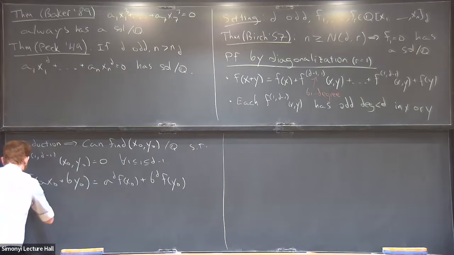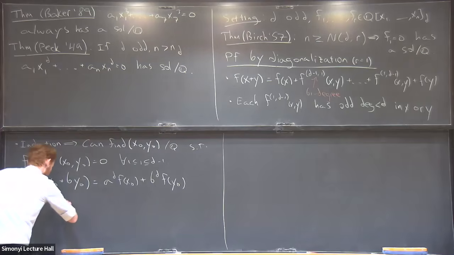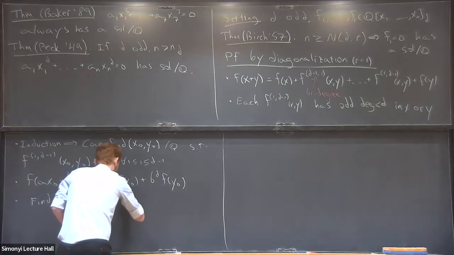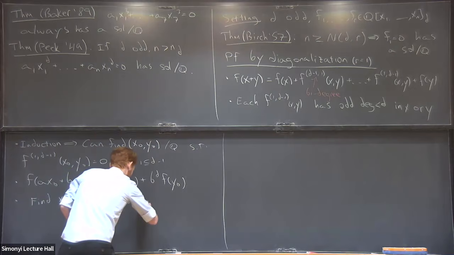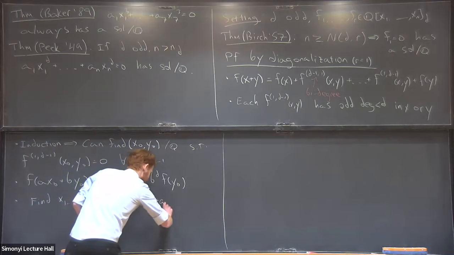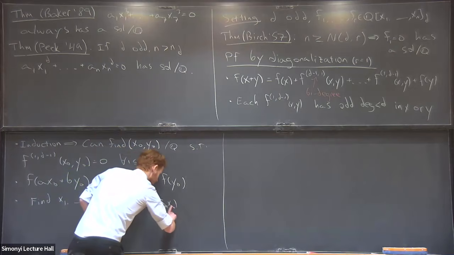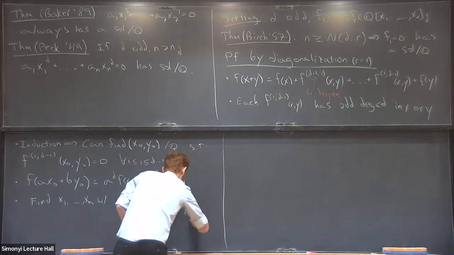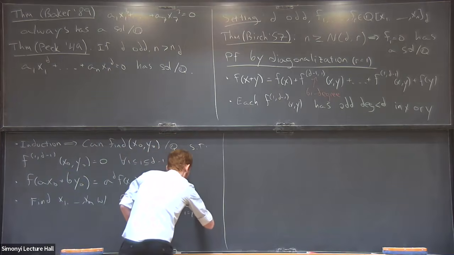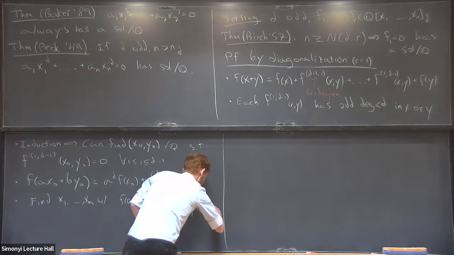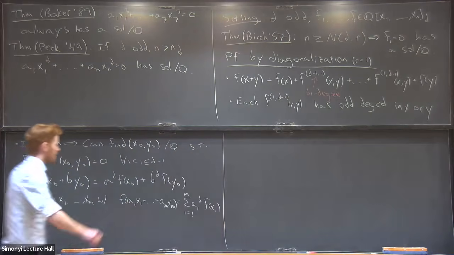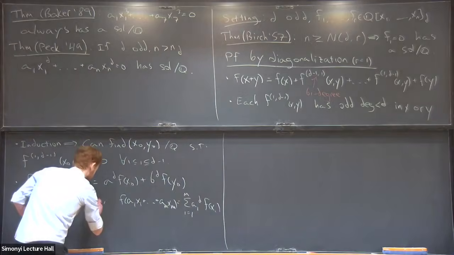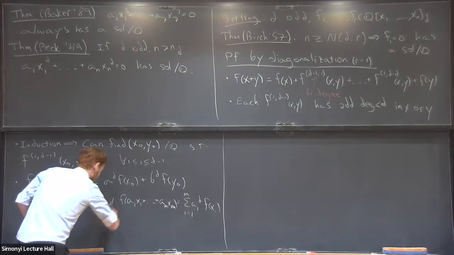And so you find x1 to xm, where if you evaluate f on a linear combination, then this is the sum from i equals 1 to m of a_i to the d, and these are all rational.